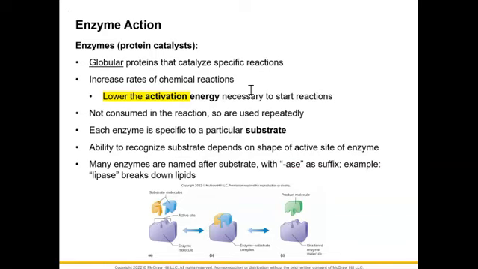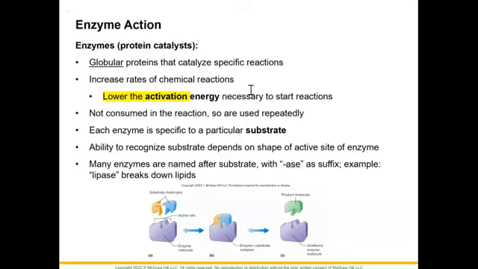One important thing to note is that enzymes are not actually consumed in a chemical reaction. So they are used over and over. These are proteins that a cell can keep around and use a bunch of times to speed up a particular chemical reaction.